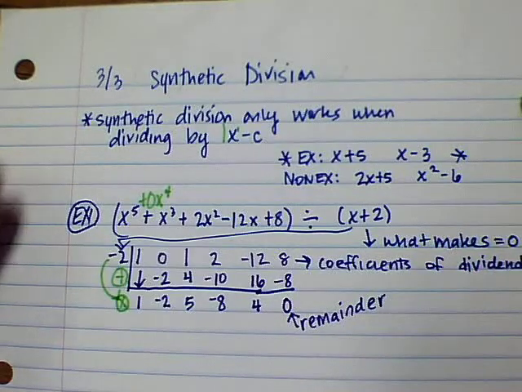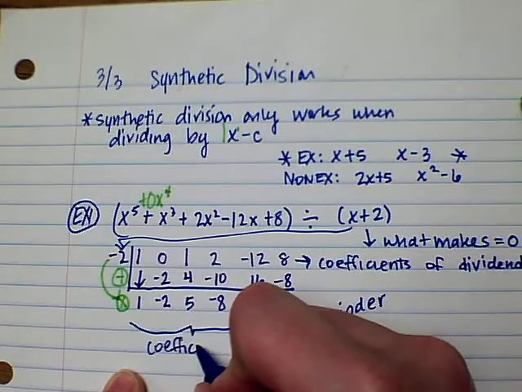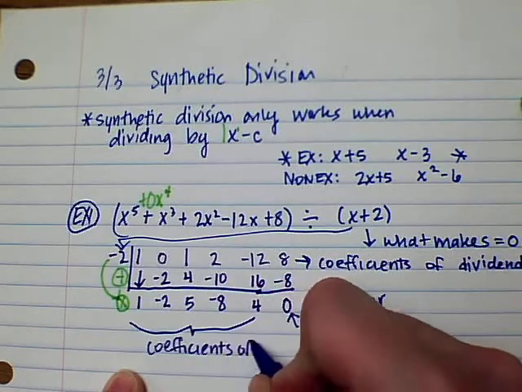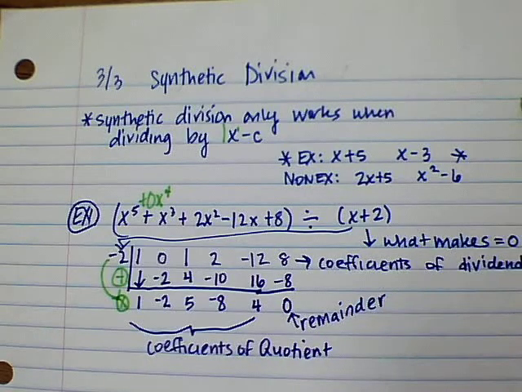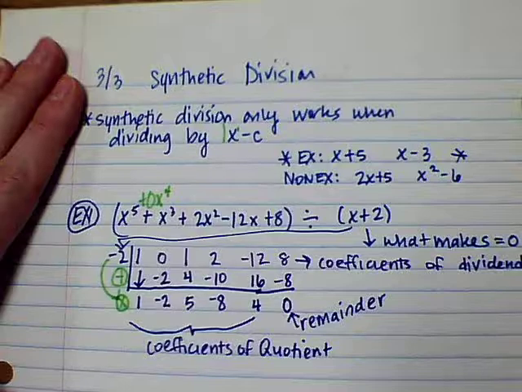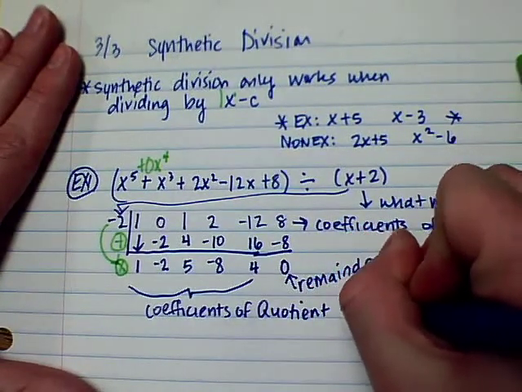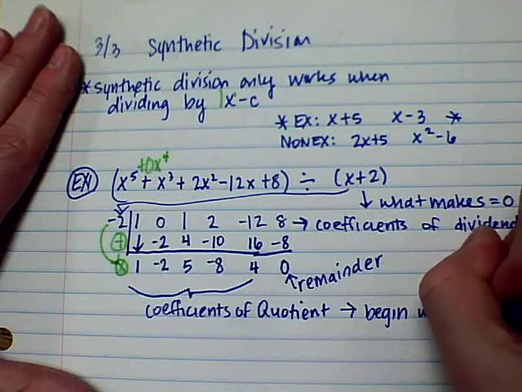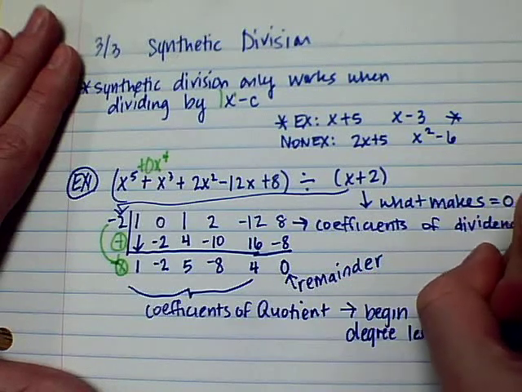So in this case, I don't have a remainder. And then these are the coefficients of the quotient, so the answer. And you're always going to start with 1 degree less than the dividend.